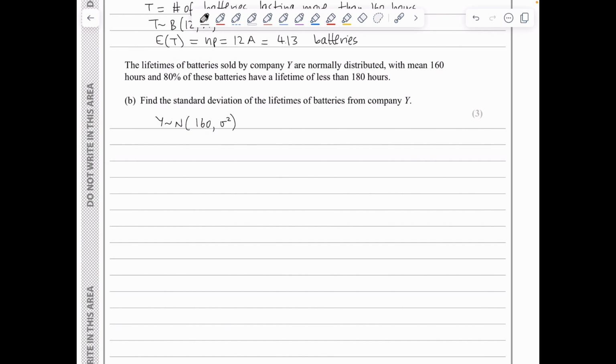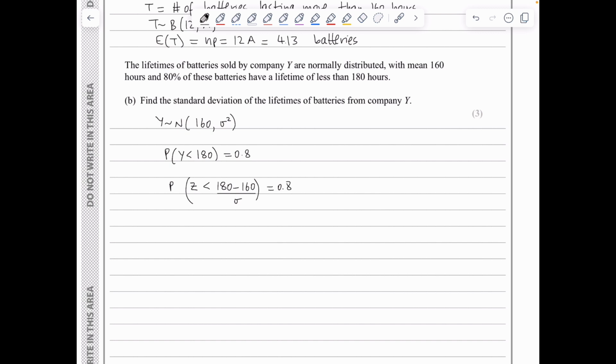We have been told that the probability of Y being less than 180 is 0.8, and because I've got one of the parameters unknown, I'm going to standardize. So this is the probability of Z less than 180 minus 160 over sigma being equal to 0.8.